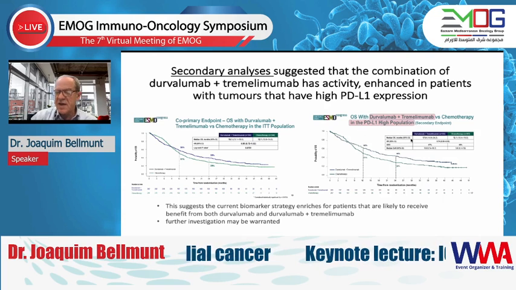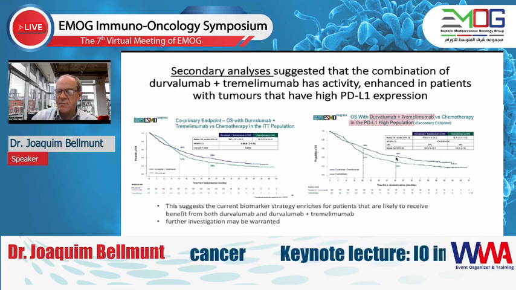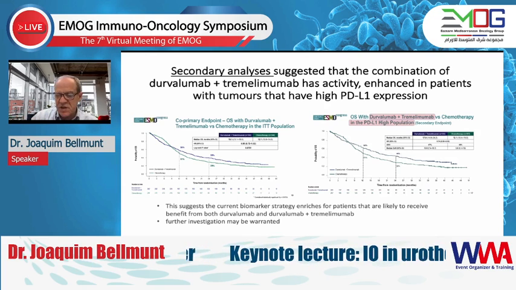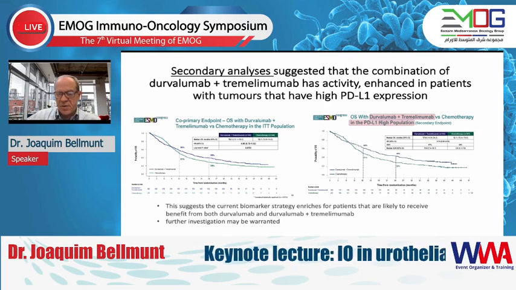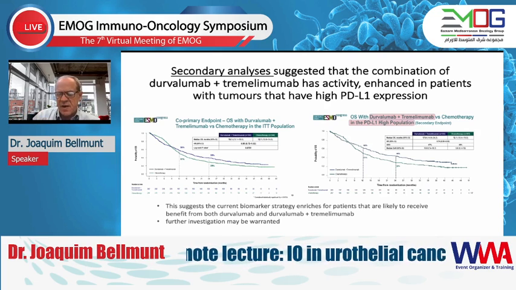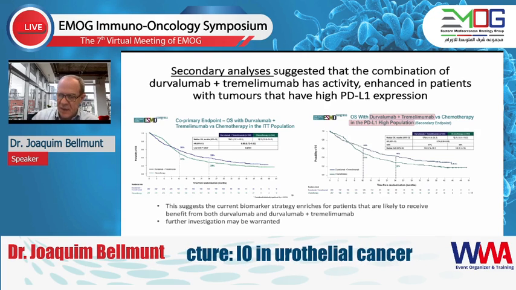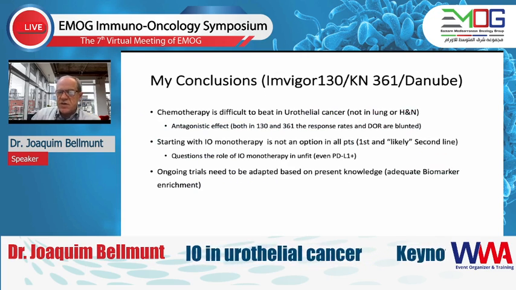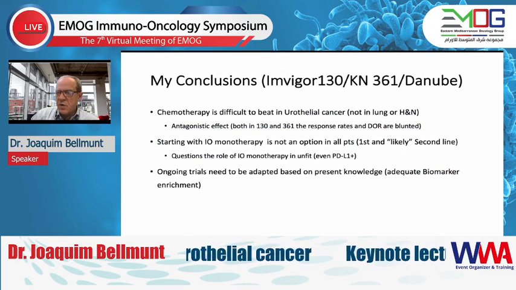But this finding has been implemented in the NILE trial, where durva-treme plus chemotherapy is being compared to chemotherapy versus durva. This may change the primary endpoint of the NILE study, that is using the same drugs, but adding chemotherapy.